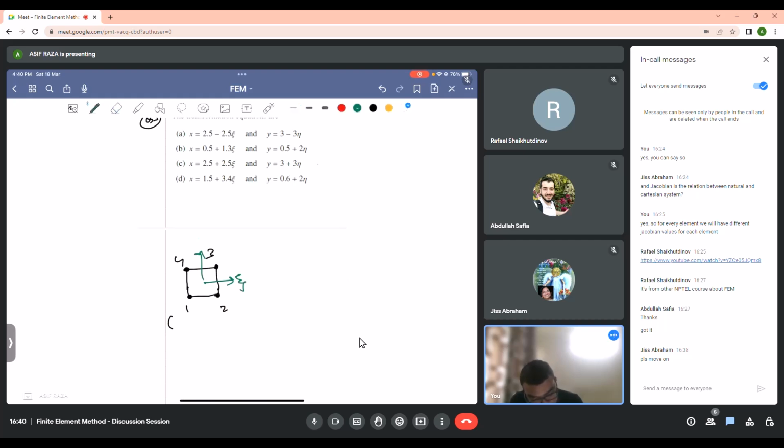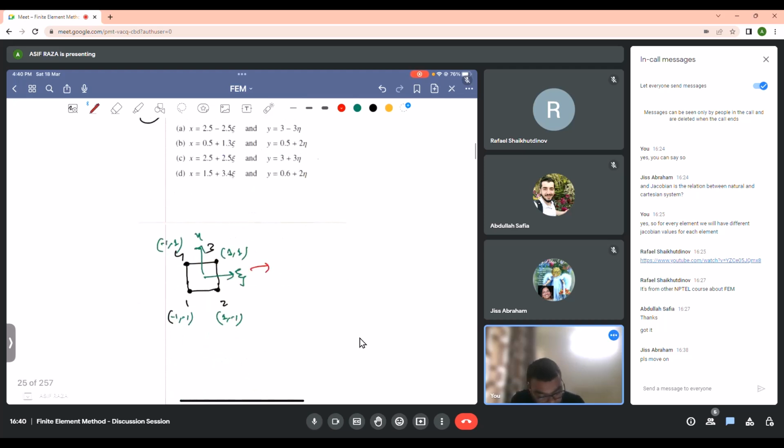So this is minus 1 comma minus 1, this is 1 comma minus 1, 1 comma 1, and minus 1 comma 1, and this has been mapped to the actual xi, yi coordinate system.